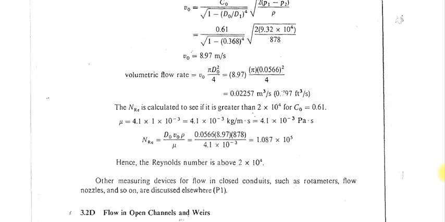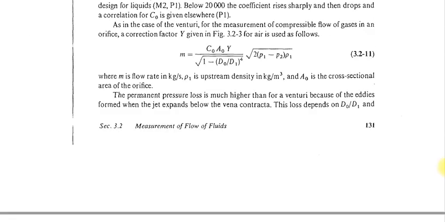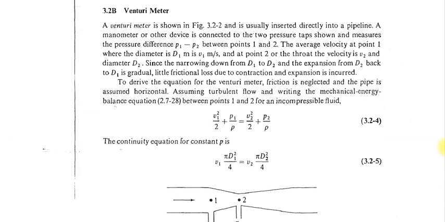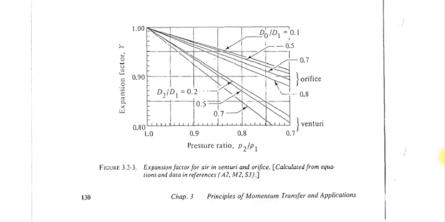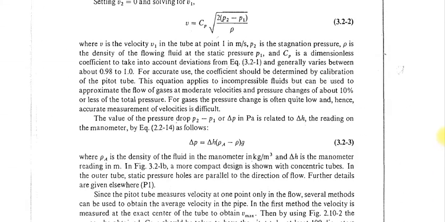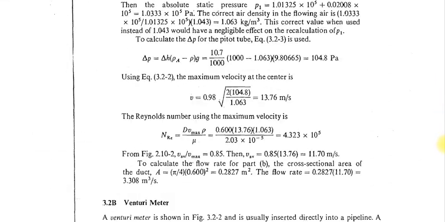Okay, so now only 2-3 topics remain. One is the measurement of fluid flow through different types of measuring equipment, then the different types of pumps. The measurement of fluid flow is already covered in the experimental part, and the pumps will also be covered in the experimental part only.